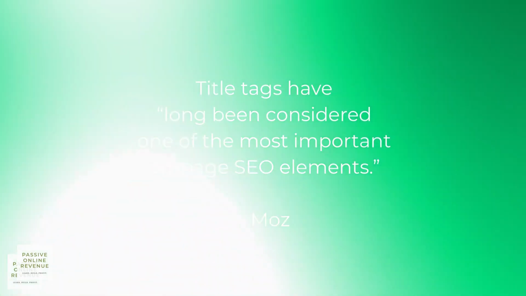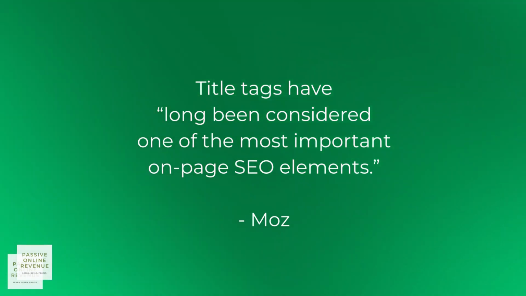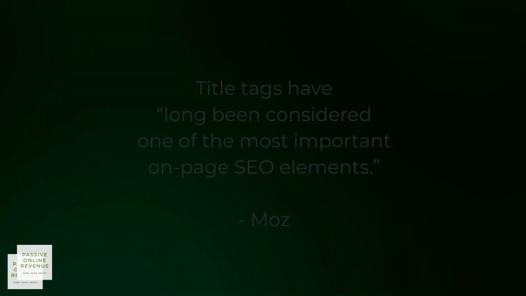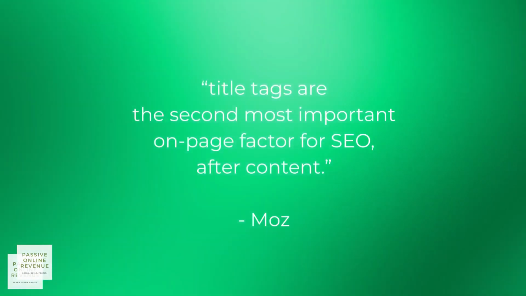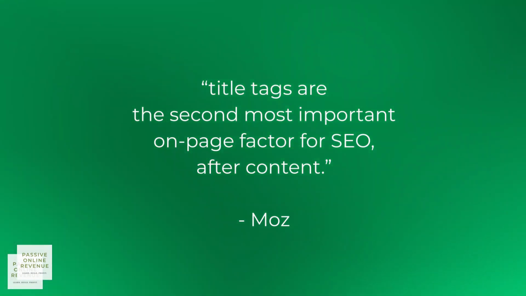According to Moz, title tags have long been considered one of the most important on-page SEO elements. They further explain that title tags are the second most important on-page factor for SEO after content.